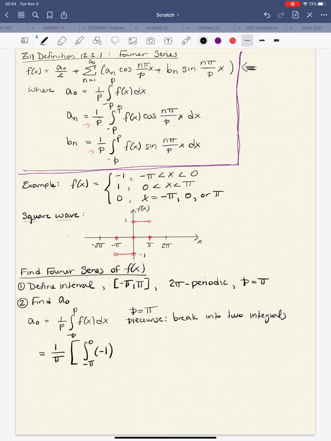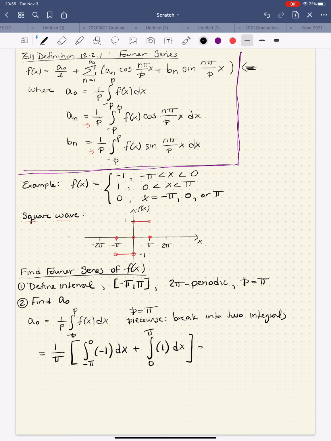It hurts me to write negative 1 here, I'd rather just put a negative out front, but I want you to see where everything goes. Then our next integral goes from 0 to pi, and this hurts even more. f of x is equal to 1 on this interval, dx. And now we just integrate.